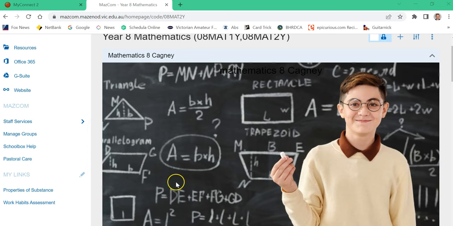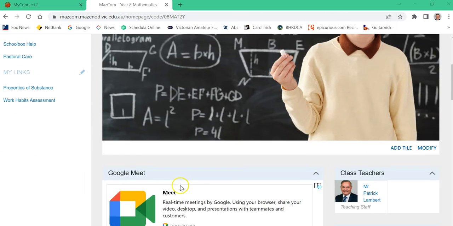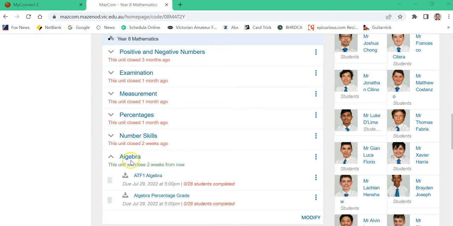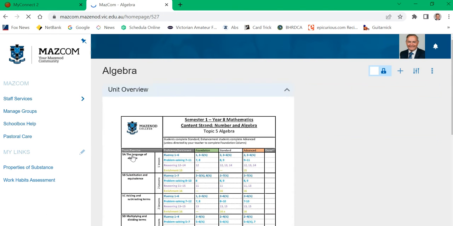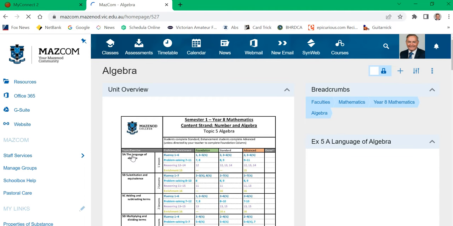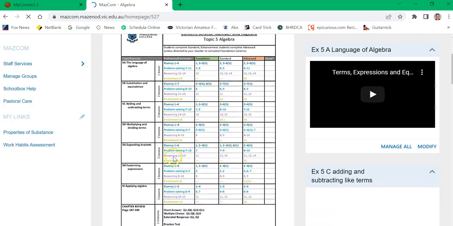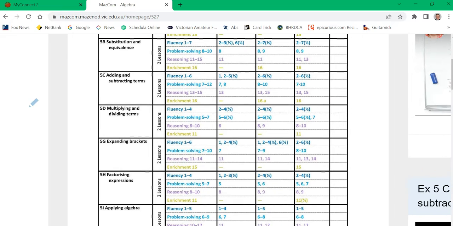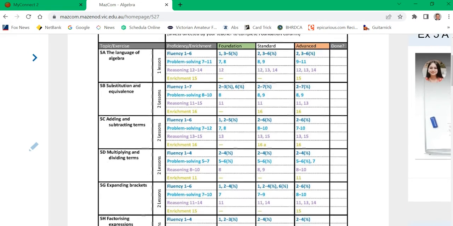But look, we're doing algebra, so what we need to be doing this morning is revising to get rid of those holiday cobwebs. So go to the class page and then the unit page. Of course, you do have your work outline.